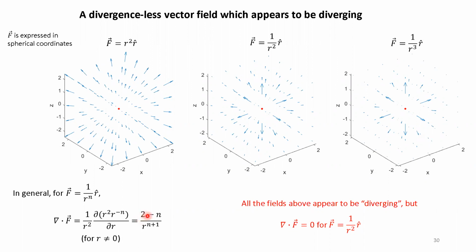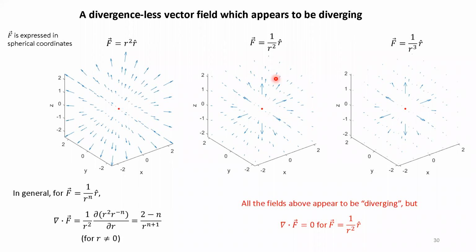And actually, the n equals 2 case is exactly the case for Coulomb's law. If you set n equals 2, then this is 1 over r squared. That's the Coulomb's law case. And that just verifies that, yes, the divergence of E is 0.